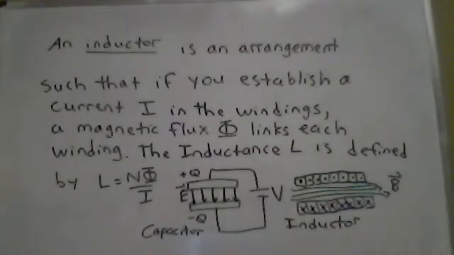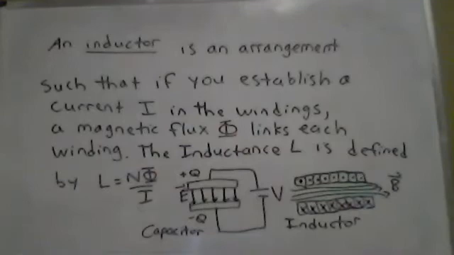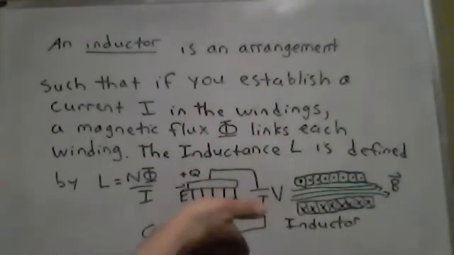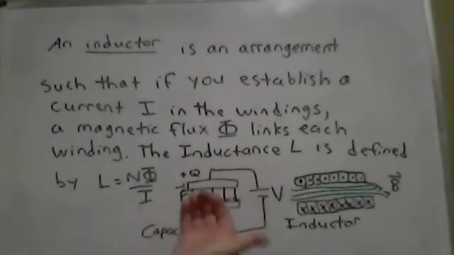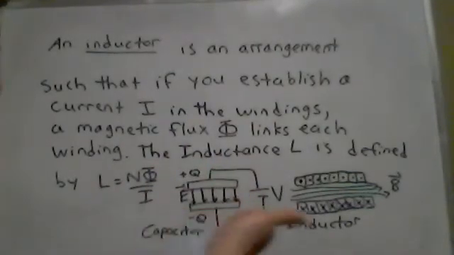Tail feathers always mean going into the board. The head of the arrow is coming out at you. Those dots mean coming out of the board. So if you follow my fingers, I'm going into the board in a winding down at the bottom of this coil, and it's going around and coming out the top of the coil. And of course, by the right hand rule, by Ampere's law, a nice strong uniform magnetic field is going through the axis of this coil.